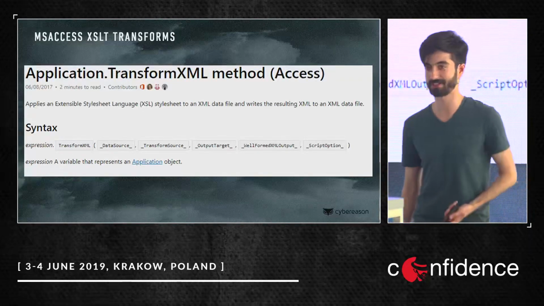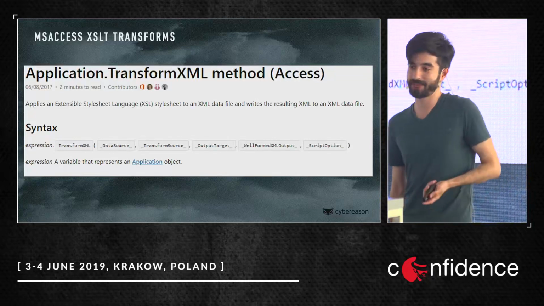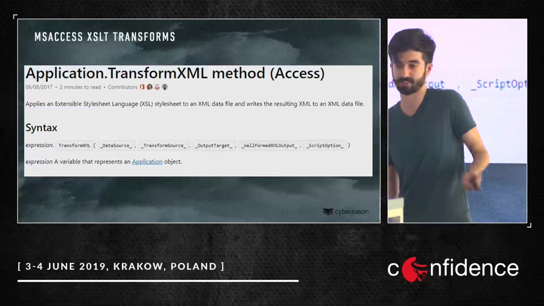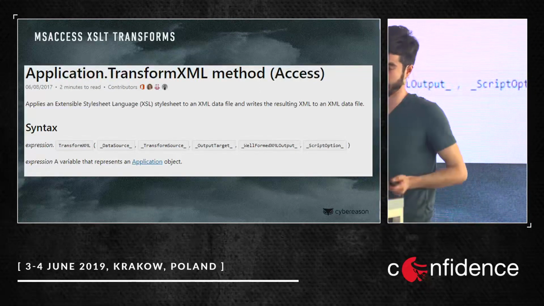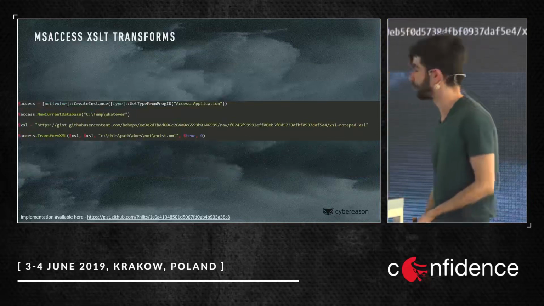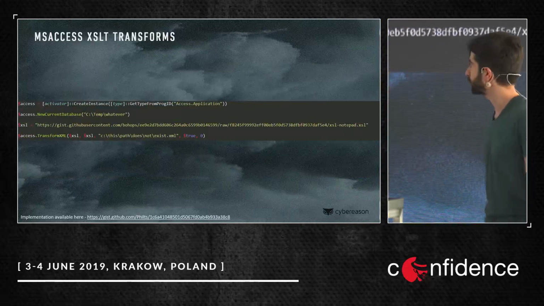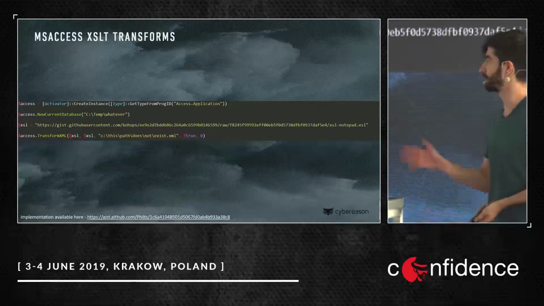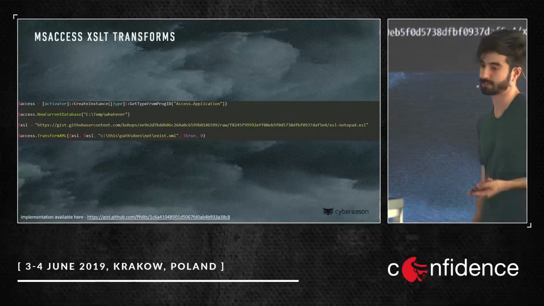And of course, there's a very polite script option which asks you, do you want to run the scripts on this? And yes, I do want to run the scripts on this. I don't care about XML. So you can pretty much do it in 4 lines of PowerShell. You create the Access application COM object. You create a new Access database.